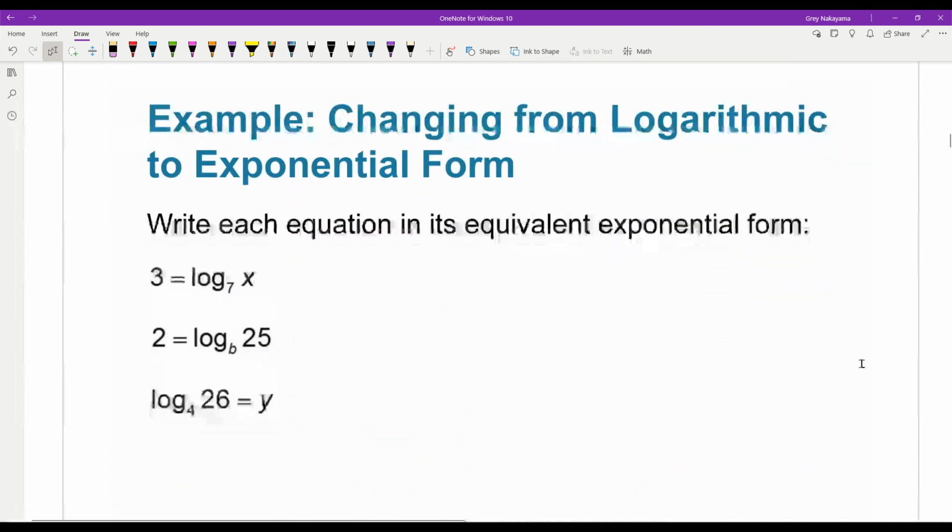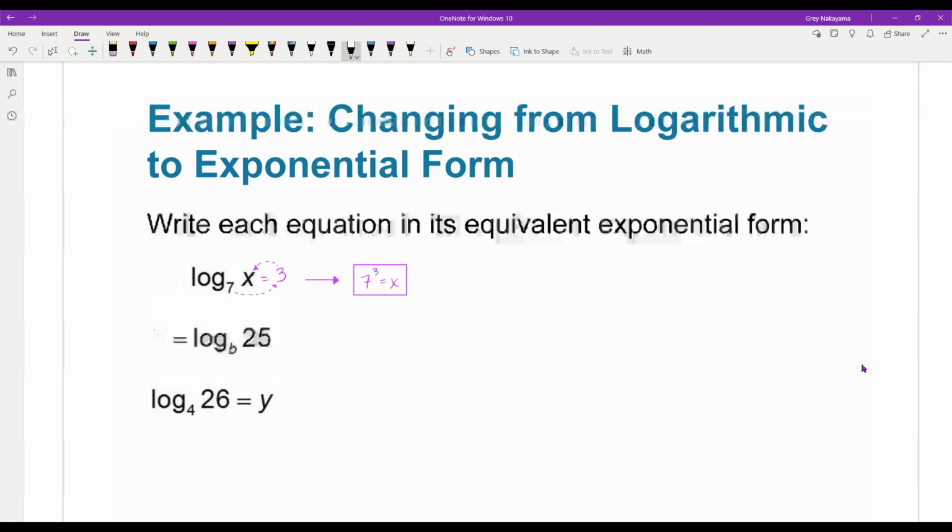Changing from logarithmic to exponential. As I said, it's a little bit easier if I take this and move it over here. Then what is that going to be? 7 to the third equals x.